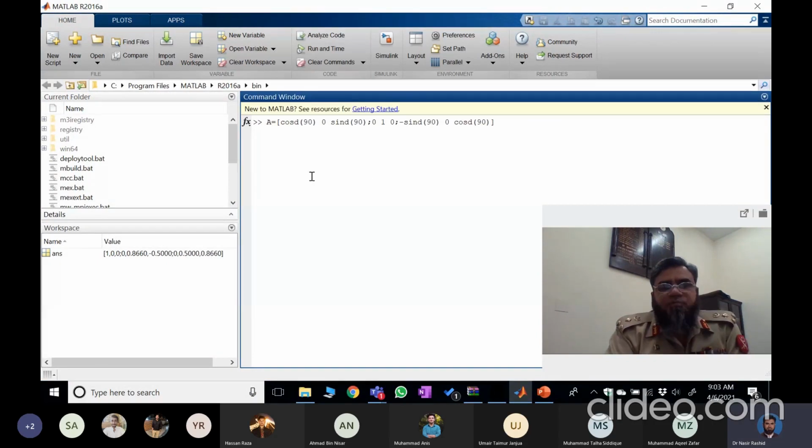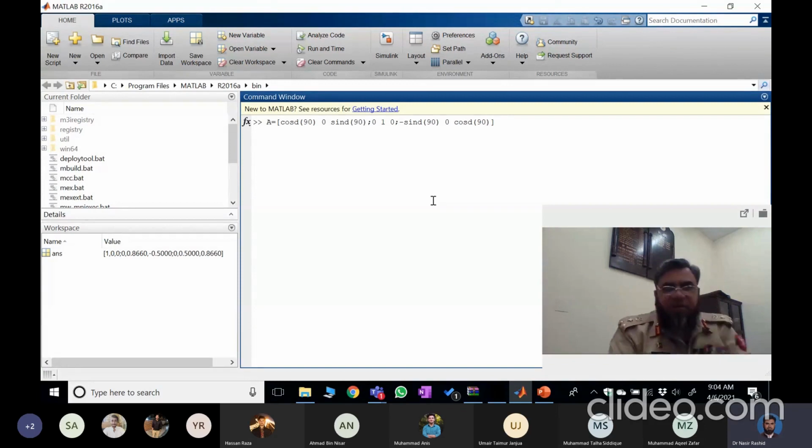This is a matrix A, and can you find out what rotation this is? Rotation about Y. Very good. Who answered this question? Hassan Shahbaz. So this is rotation about y.